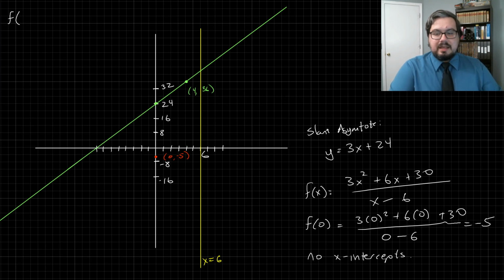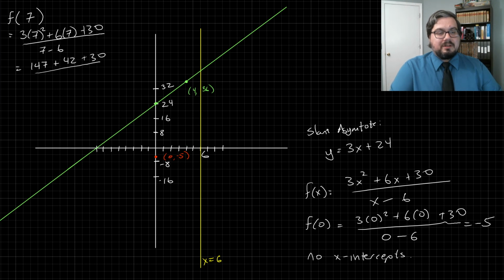So let's take f of 7. Let's see what's happening on the right-hand side of the graph. f of 7 will be (3 times 7 squared plus 6 times 7 plus 30) over (7 minus 6). So 7 squared is 49. 3 times 49 is 147. 6 times 7 is 42.